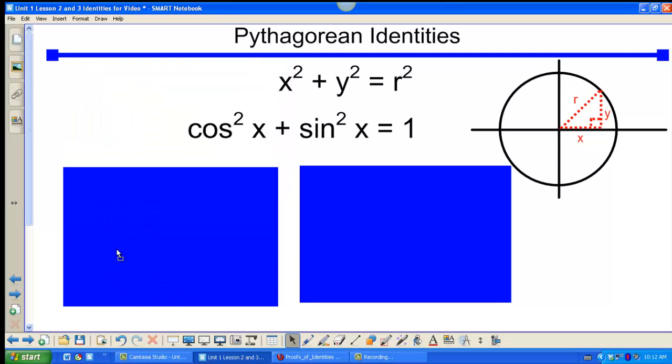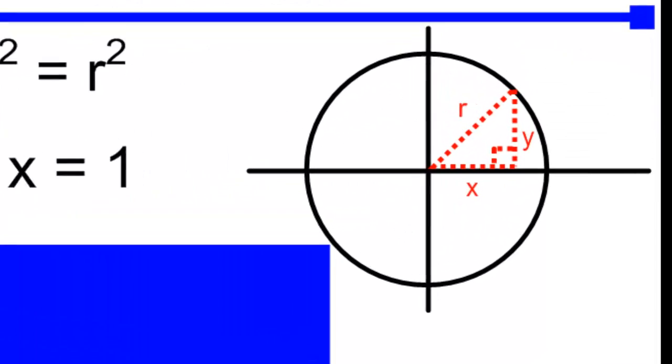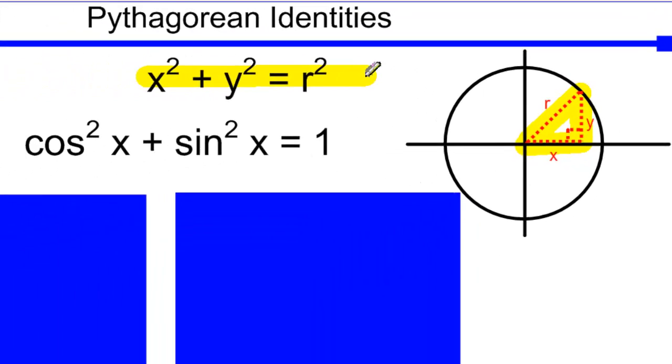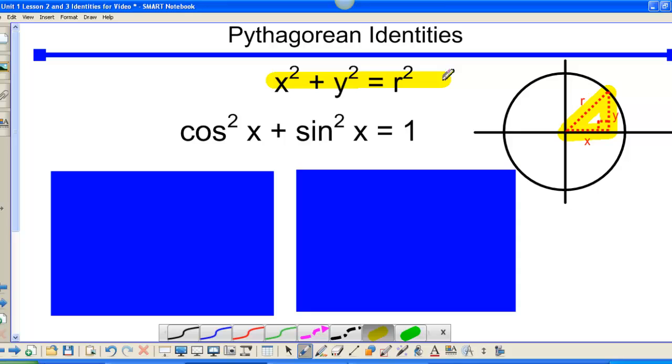The next group of identities are the Pythagorean identities. And where does this stem from? If I put a triangle on the unit circle and I have my x length and my y length and the radius, since it's a right triangle, I can use the Pythagorean theorem to set up x squared plus y squared equals r squared.